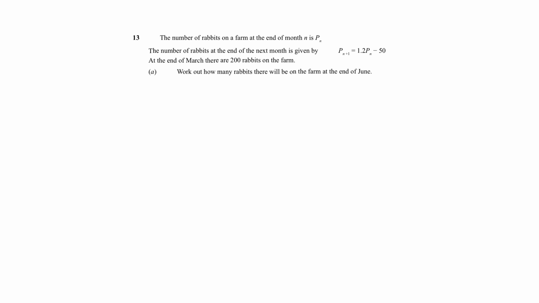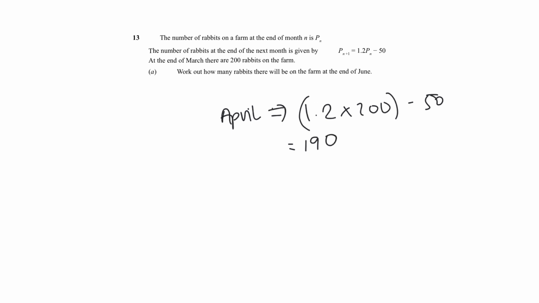so April would be 1.2 times 200 minus 50. And at the end of May, there would be 1.2 times 190 minus 50.